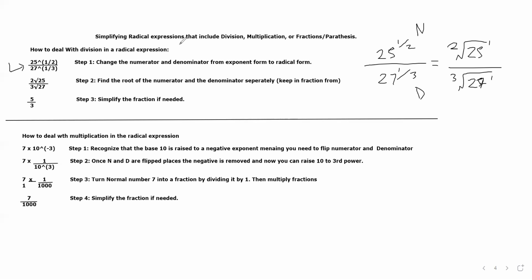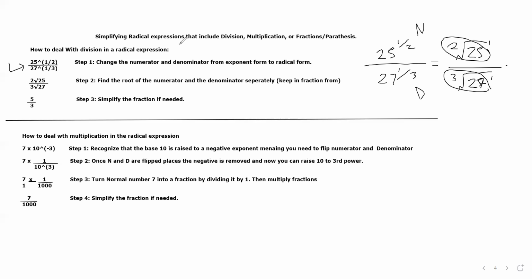Once they're in this form, it looks a little better, in my opinion. Some of you might disagree, but for step two, once you have it in radical form, you're going to want to take the roots. So what number multiplies by itself to give me 25? Well, 5 times 5 gives me 25.